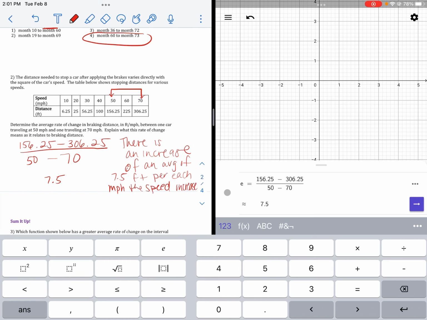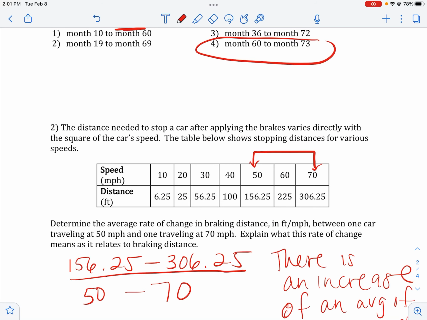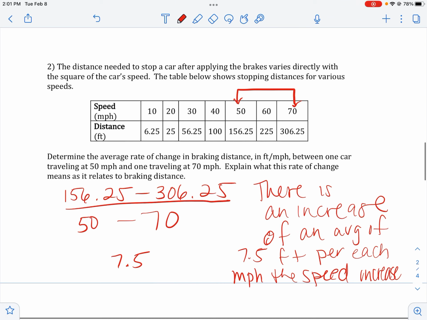Because it's positive, the change is representing an increase. If it was negative, it would show a decrease, okay?